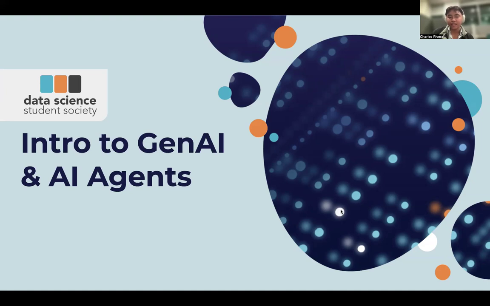Hi, everyone. I'm Charles, and I'm really excited to host this workshop on the introduction to generative AI and AI agents. Today, we'll be having a high-level conversation on what large language models are and how they relate to AI agents. We'll then compare the two and discuss the strengths and the weaknesses of both. Then we'll start to explore different ways we can construct different workflows and mechanisms that use AI agents and maybe different use cases as well.